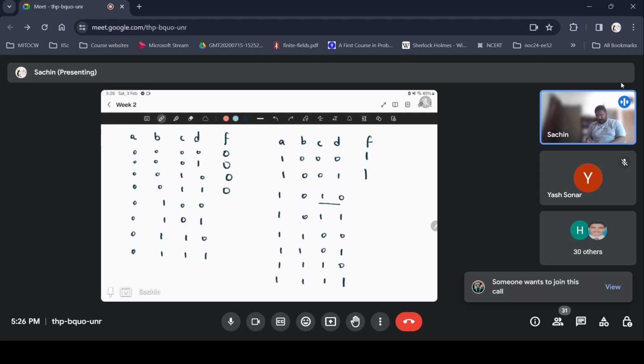So in this combination a and c are 1, a and c are 1 here, here and here. So in these combinations the output is b plus d. So b is 0, d is 0, so this is 0. b is 0, d is 1, 0 or 1 is 1. b is 1, d is 0, 1 or 0 is 1. And b is 1, d is 1, 1 or 1 is 1.